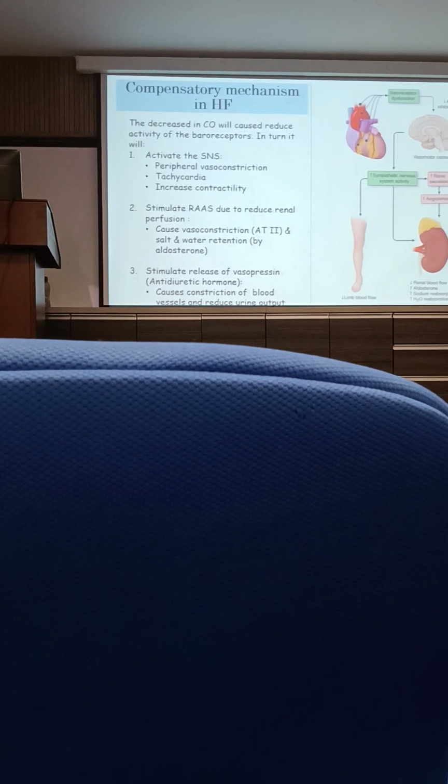So you activate the sympathetic nervous system and it will result in peripheral vasoconstriction, tachycardia, and increased contractility. This is a function of noradrenaline and adrenaline. It will increase the vasoconstriction to maintain the blood pressure, and stimulate the heart to cause tachycardia and increased contractility.